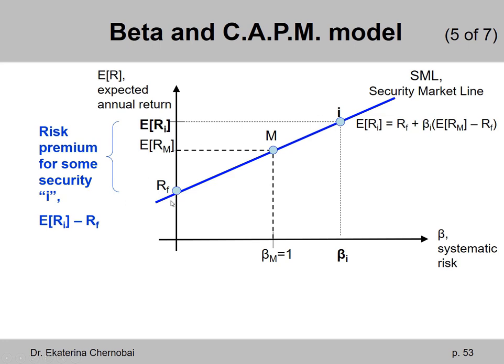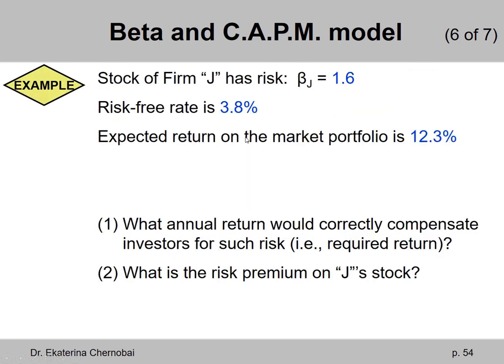and the risk-free rate. Let's look at a typical problem on this CAPM topic. We have a firm called J. The stock of it has risk measured by beta. So beta subscript J equals 1.6. It's given. The risk-free rate, which is the return on the treasury bills, is 3.8%.